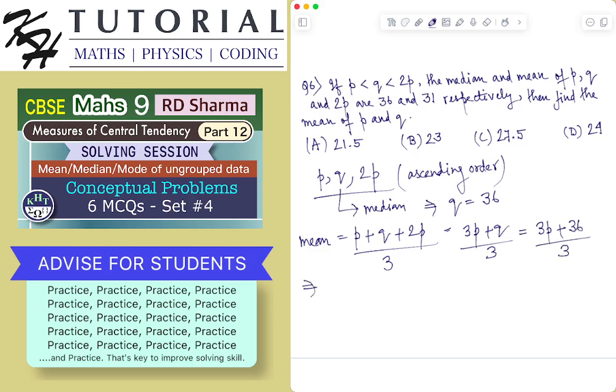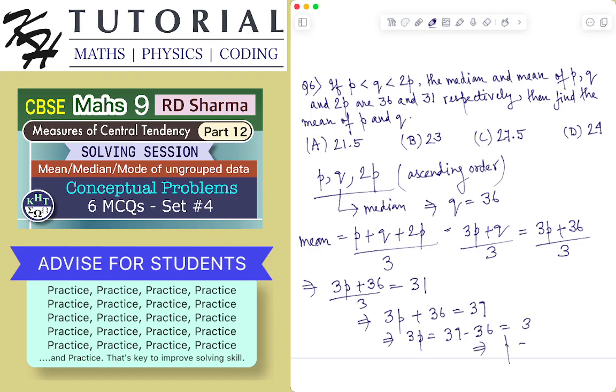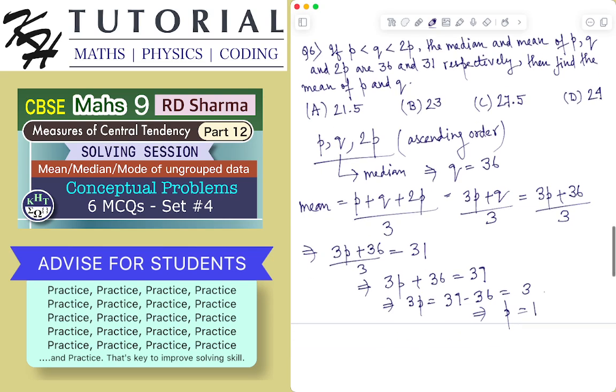Now the mean is also given to be 31. So we have (3P plus 36) by 3 is equal to 31. Doing cross multiplication, I have 3P plus 36 is equal to 39. This implies 3P is equal to 39 minus 36, which is 3. So P is equal to 1. So we have found the value of Q to be 36 and P to be 1.